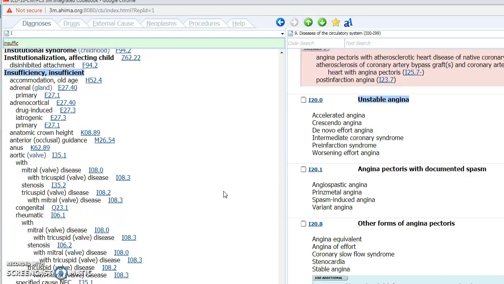So just review those. Let's go down to when the MI meets the definition of a reportable diagnosis. Codes from category I21 may continue to be reported for the duration of 4 weeks or 28 days or less from onset.